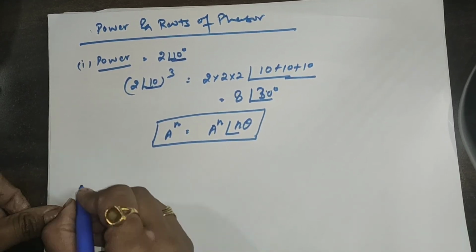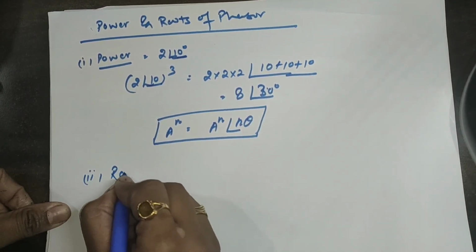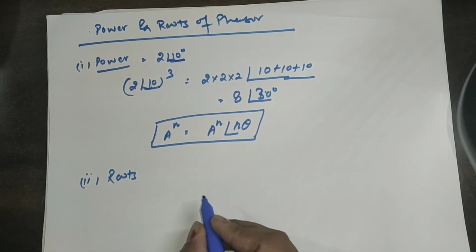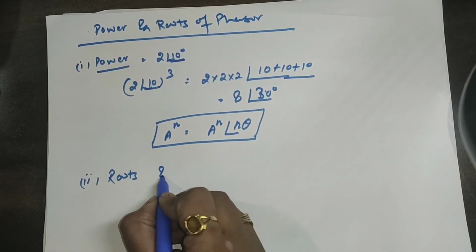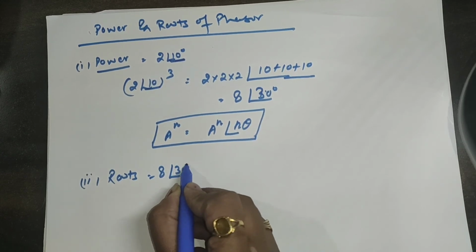Now second, roots. How can we do roots? Let's suppose we have 8 angle 30.